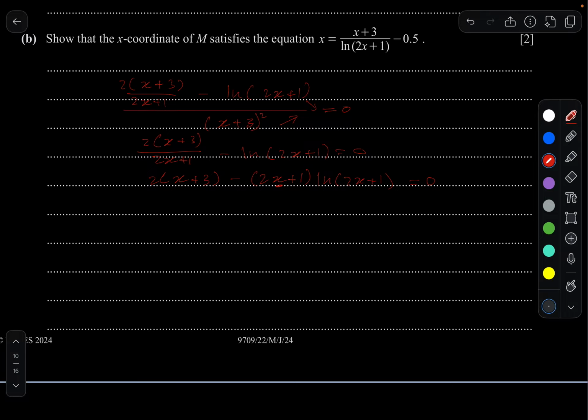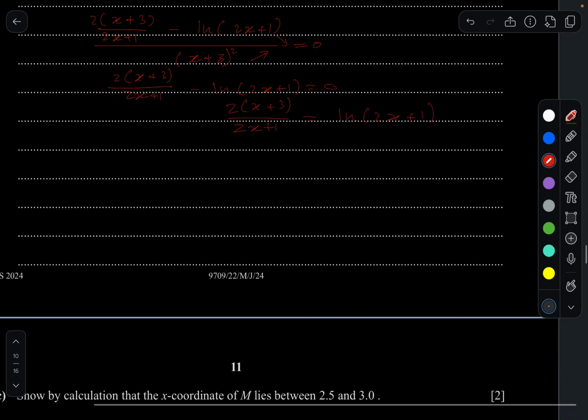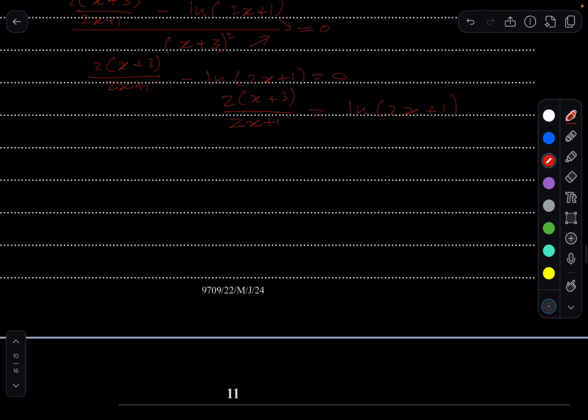So how would you do that? Actually, let me do it in a different way. I'm going to take this ln of x to the other side, so 2x plus 3 times 2x plus 1 equates to ln of 2x plus 1. And now, I'm going to trick this guy to go down below here, the ln of x.